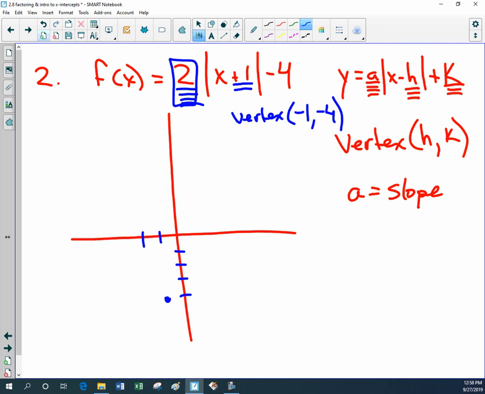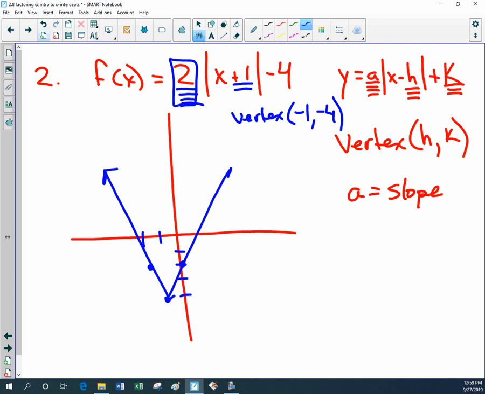So from this point, what does 2 tell me to do? I'm going to go up 2 over 1, up 2 over 1. So I do the same thing on each side of the vertex. And then draw my graph. Everybody good with that?